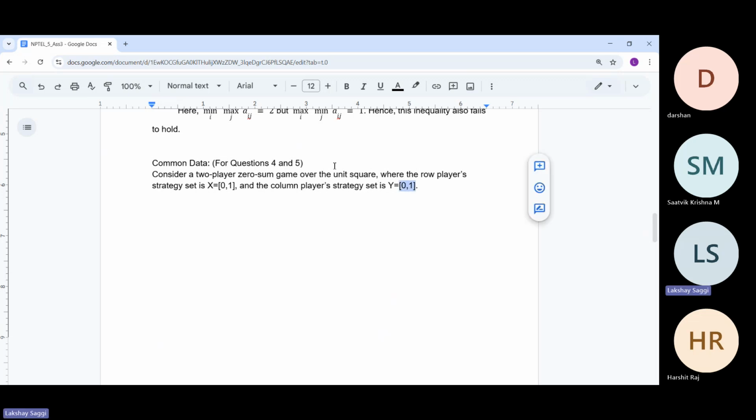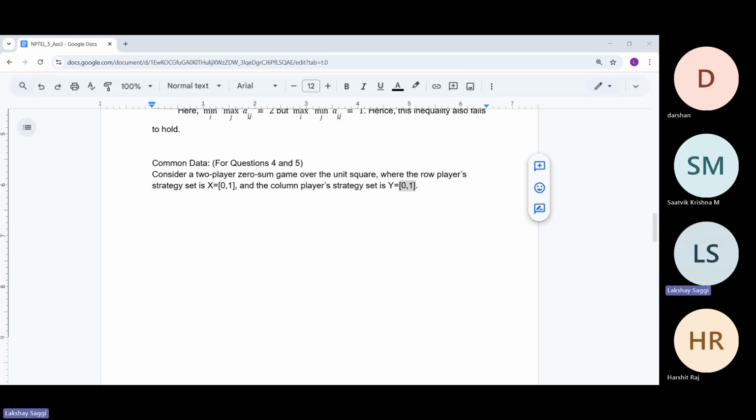So this closed interval denotes the set of all possible real values between 0 and 1. So this is how you represent all the real values between 0 and 1. So x and y are actually infinite sets. Okay, I see why Satvik answered that this game does not have a saddle point. Satvik, this is not a discrete game. It's not just that x can take two values and y can take two values.